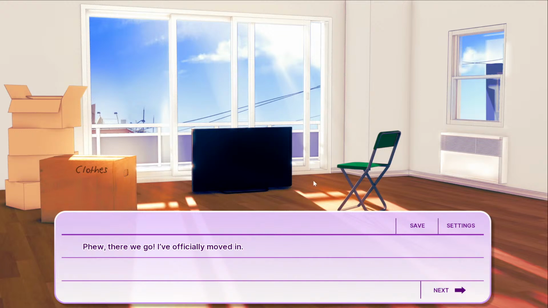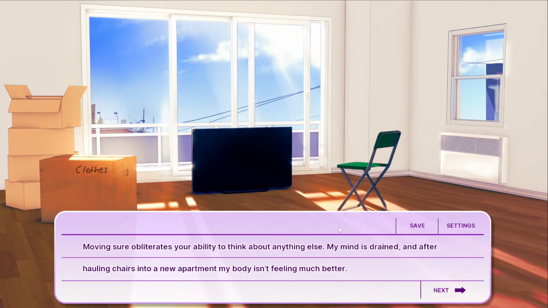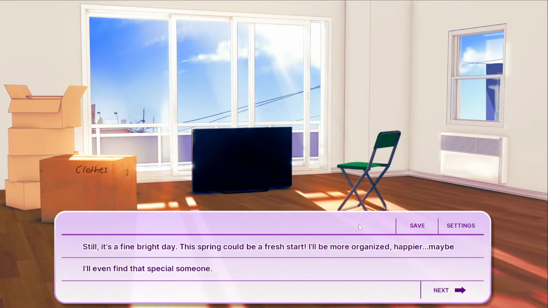It'd probably be a bed slash couch deal. But anyway, moving sure obliterates your ability to think about anything else. My mind is drained, and after hauling chairs into a new apartment, my body isn't feeling great. What chairs? You only hauled one chair.